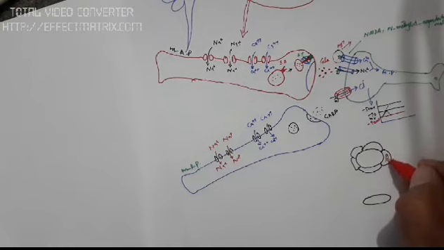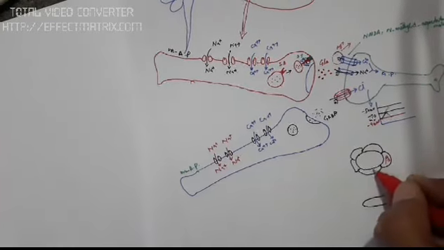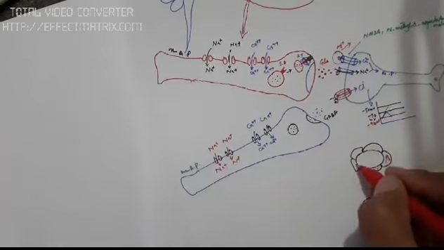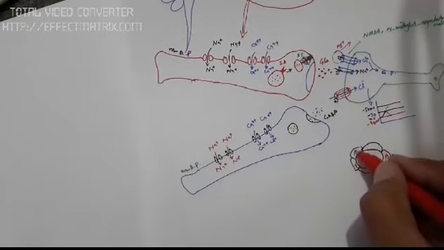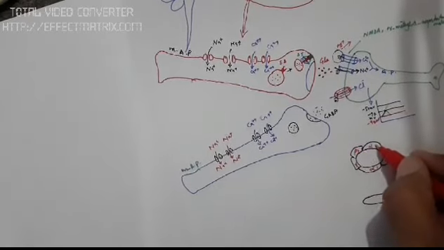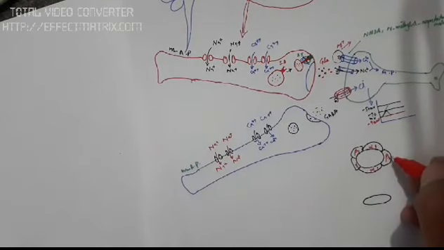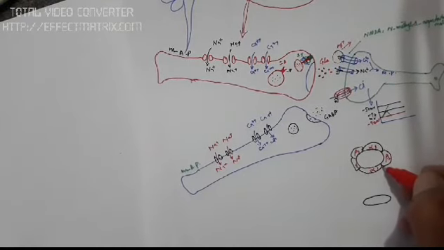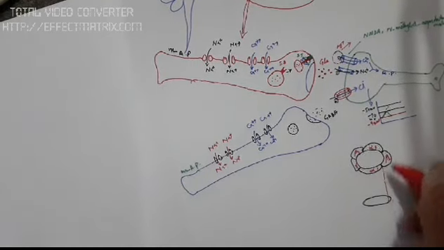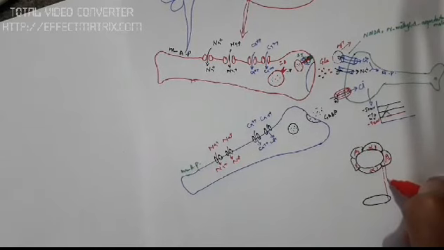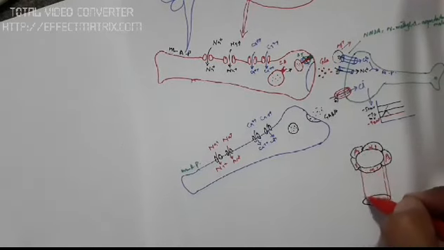This is the beta 2 subunit, this is the alpha 1 subunit, this is the gamma subunit, this is the beta 2 subunit, this is the alpha 1 subunit. This is a channel made like this.